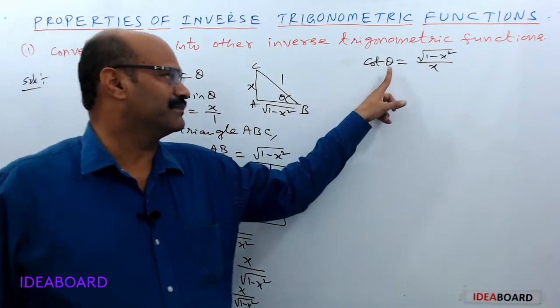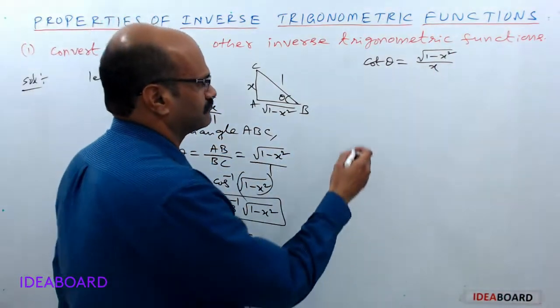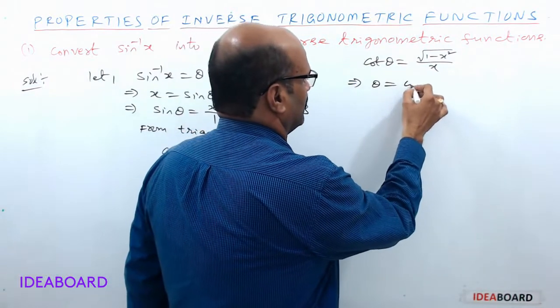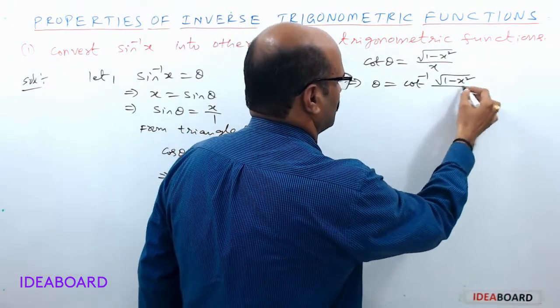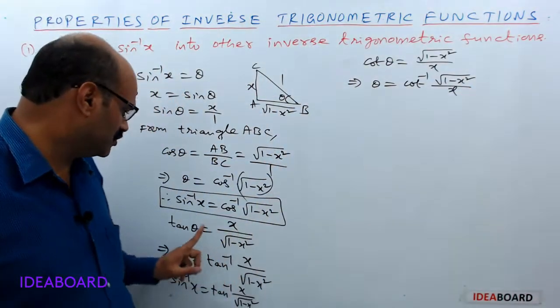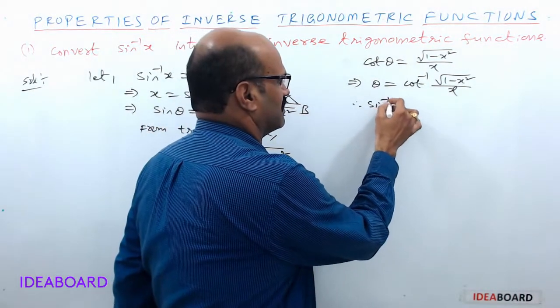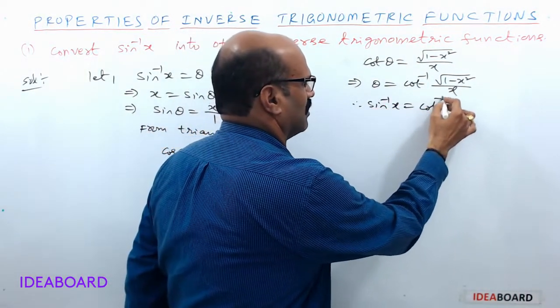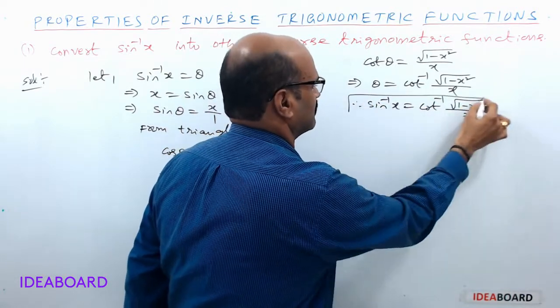Now from this we can write theta equal to cot inverse of square root of 1 minus x square by x. But theta equal to sin inverse x. Therefore sin inverse of x equal to cot inverse of root of 1 minus x square by x.